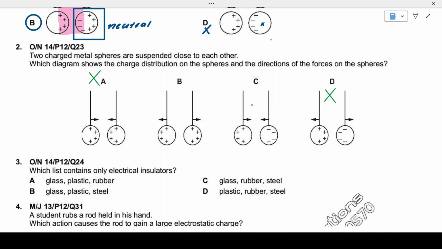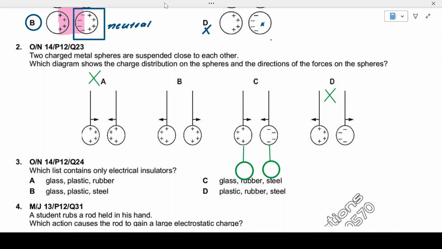Now let's take a look at the option C. Option C is fair enough in a way that the force is attractive, but the only problem is if the force is attractive, the sphere should be having the charges right in front of each other because of attraction.